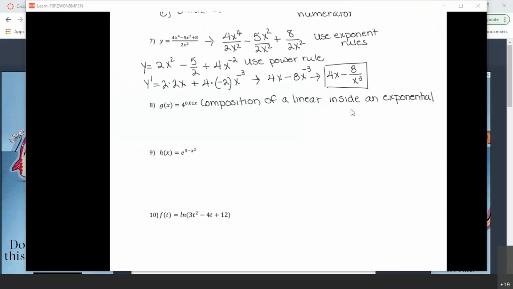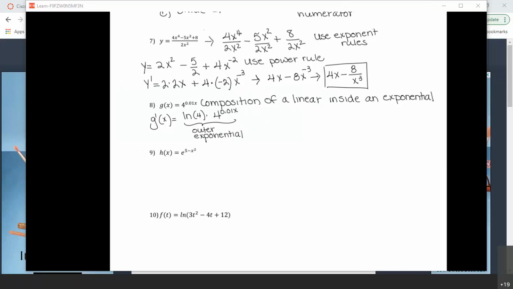The way you would take its derivative is you first take the derivative of the outer exponential. The way you do that is you take ln of the base, and then you rewrite the exponential part. That's the way you do the derivative of a base a exponential.